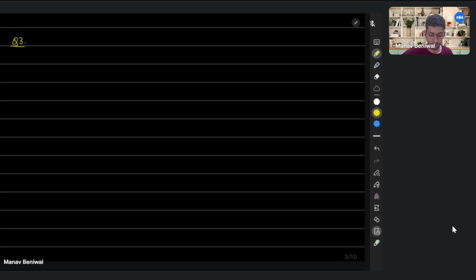Okay, and the problem is that we have an operator, this is the operator, which is the double differential operator, and this operates on an eigenfunction.